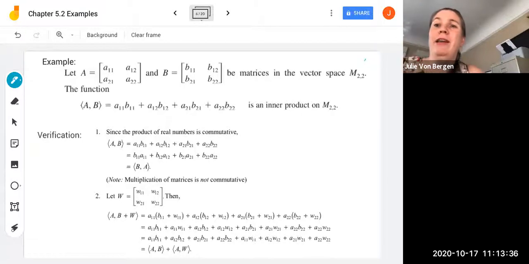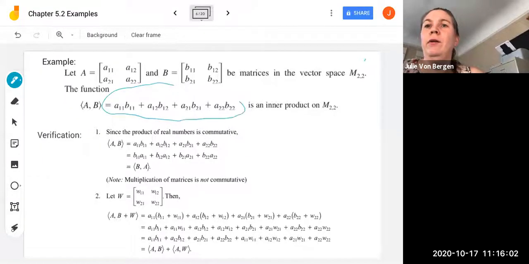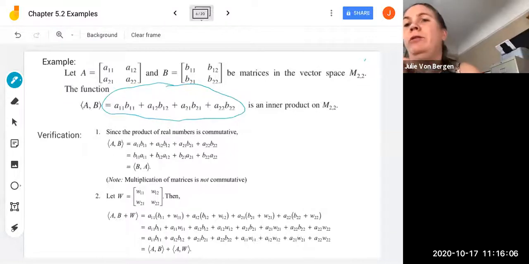Then we're going to define the inner product here. Our inner product is going to be A11 B11 plus A12 B12 plus A21 B21 plus A22 B22.